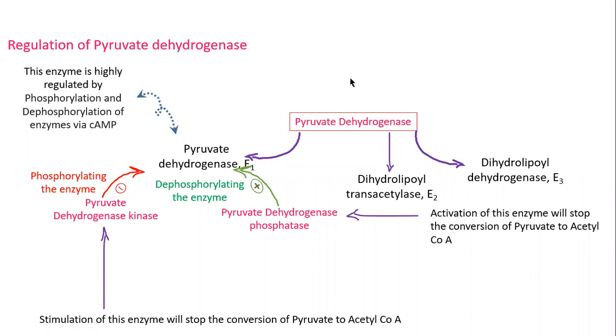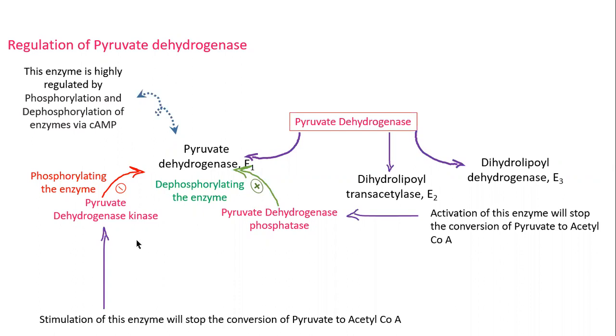So it's quite the opposite. If we want to regulate this enzyme, we should know how to regulate this PDH kinase and pyruvate dehydrogenase phosphatase. If we can regulate these two, automatically this enzyme is regulated. If this enzyme is regulated, the whole complex is regulated. So this enzyme is highly regulated by these two enzymes, either by phosphorylating or dephosphorylating.